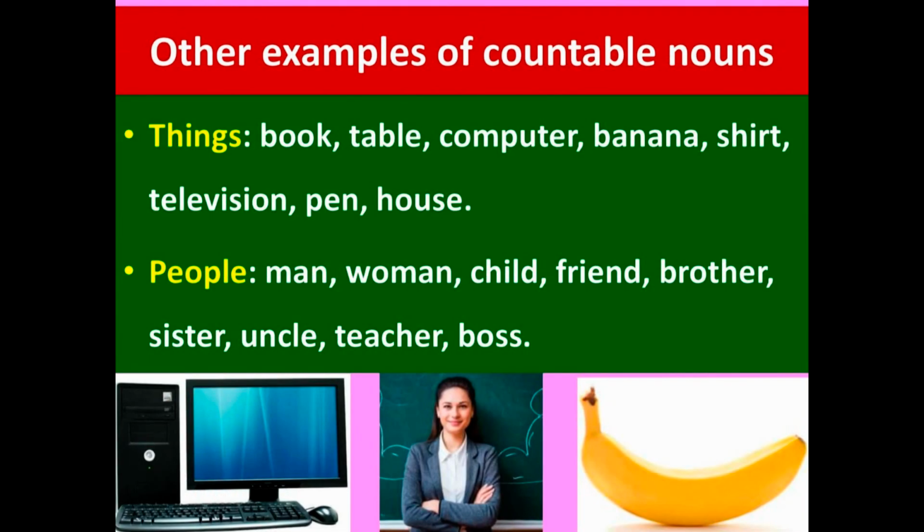Other examples of countable nouns are: book, table, computer, banana, shirt, television, pen, house. For people: man, woman, child, friend, brother, sister, uncle, teacher, boss.